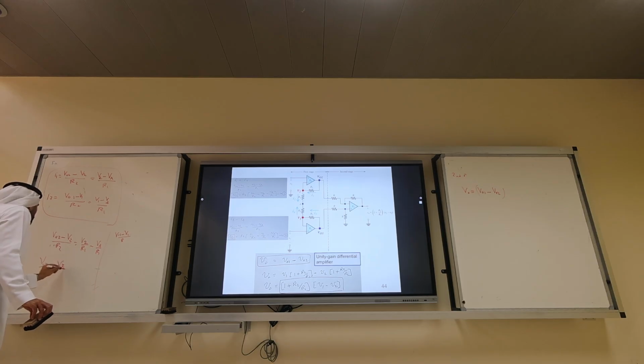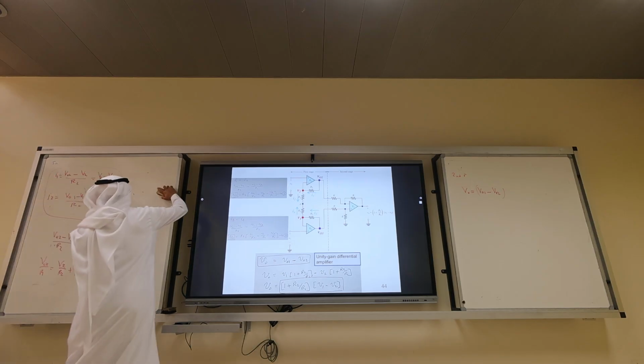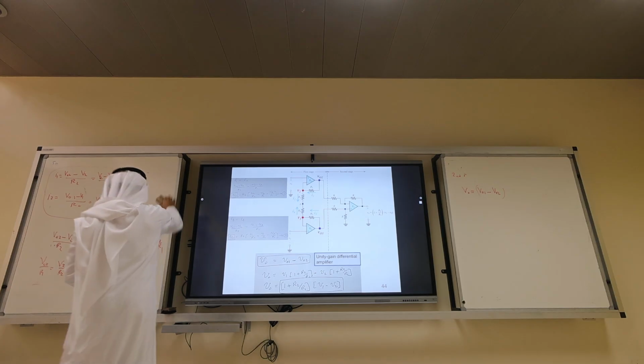This is VO2 over R2 equals V2 over R2 plus V2 over R1 minus VA over R1. The other circuit will be VO1 over R2 equals V1 over R2 plus V1 over R1 minus VA over R1.